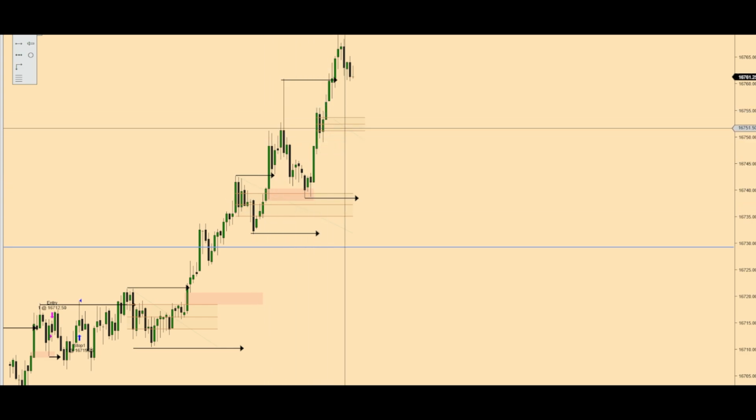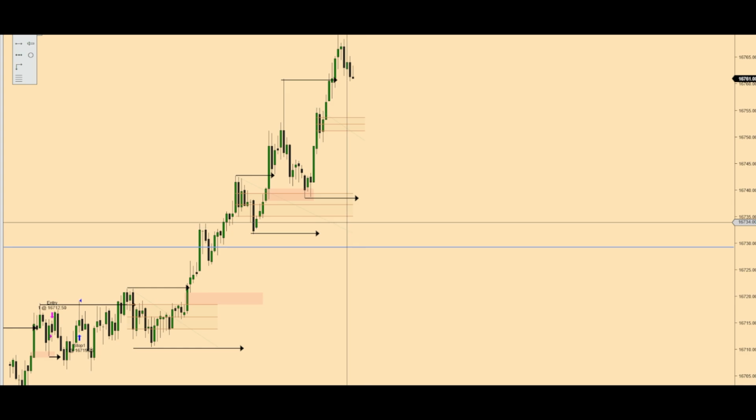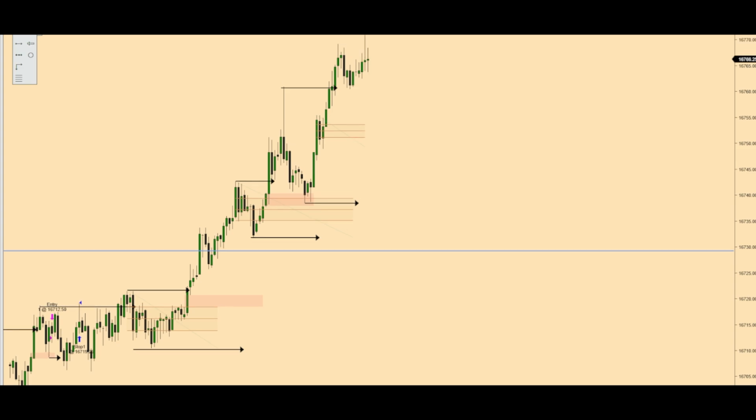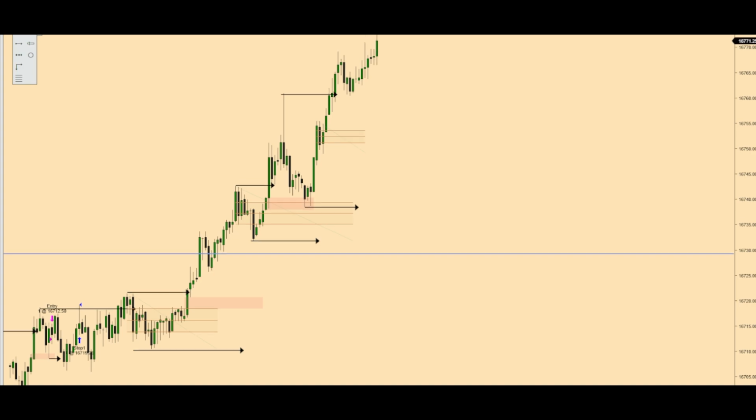This actually isn't a pullback. Do 50 times. No candle closure. There's a candle closure.